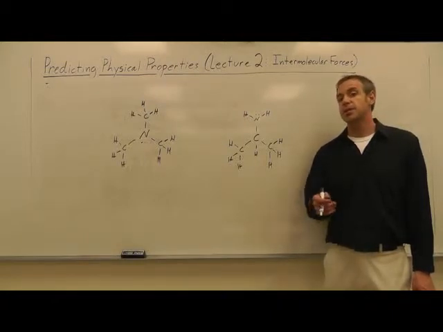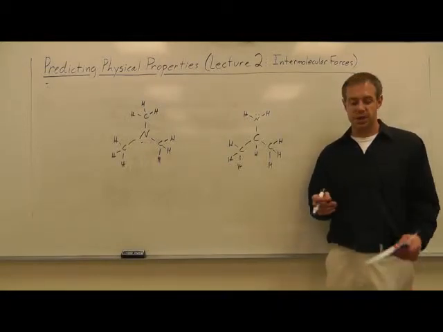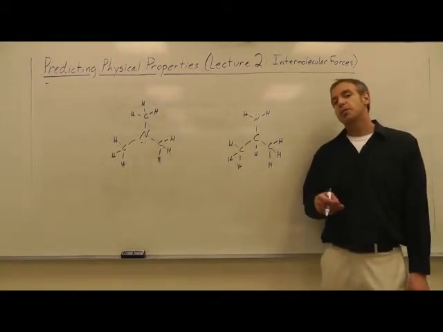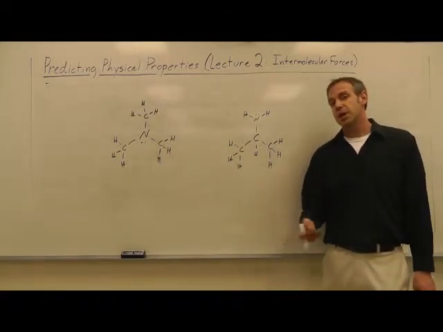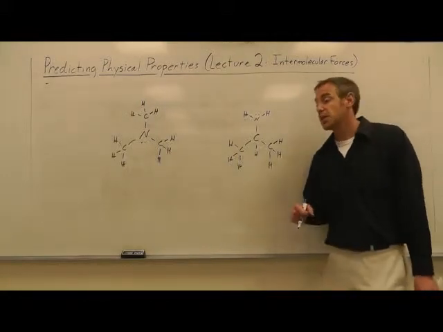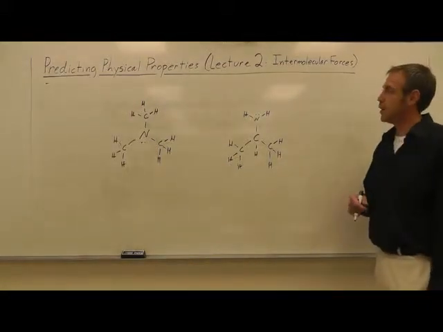One of these molecules has a boiling point of 5 degrees Celsius, and one of them has a boiling point of 33 degrees Celsius. Which one do you think is which, based on what we've learned so far?